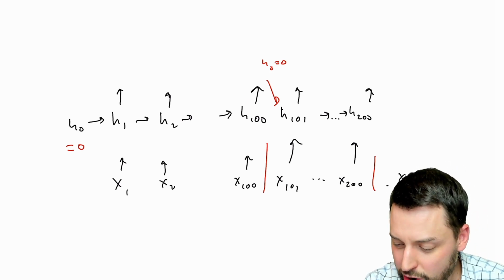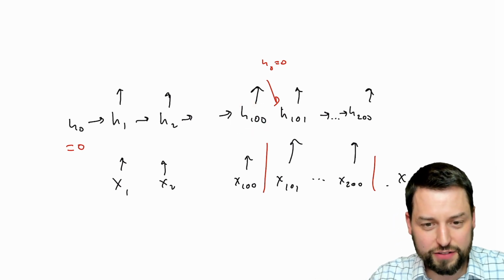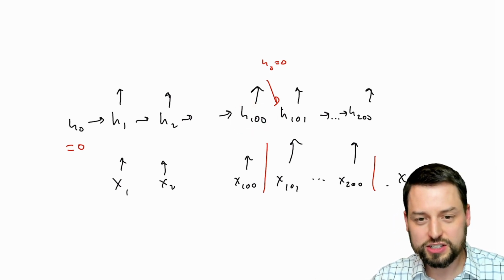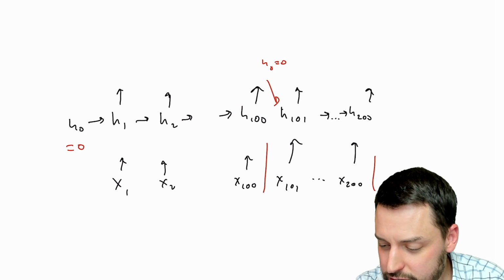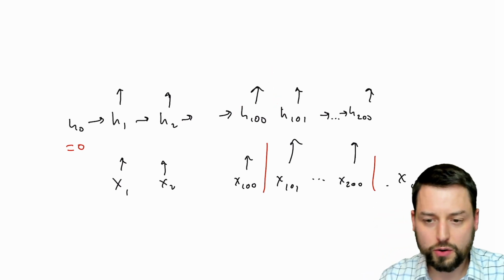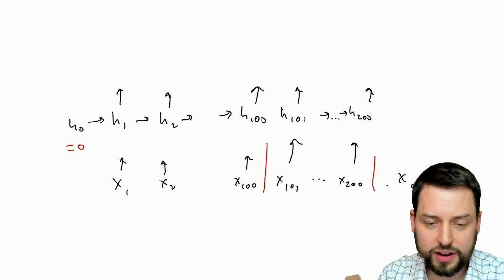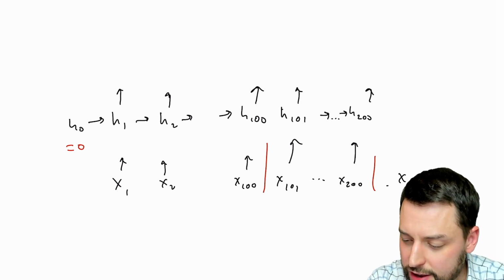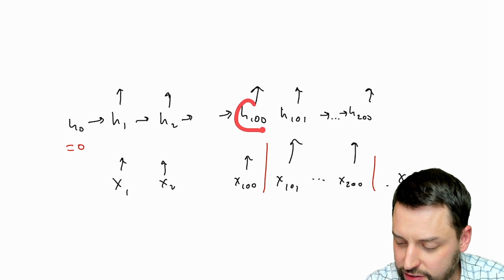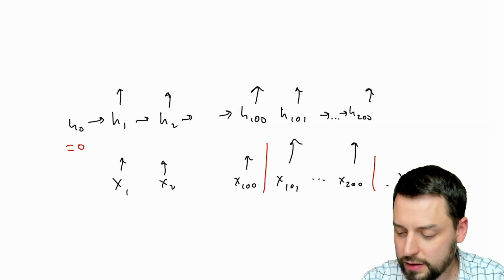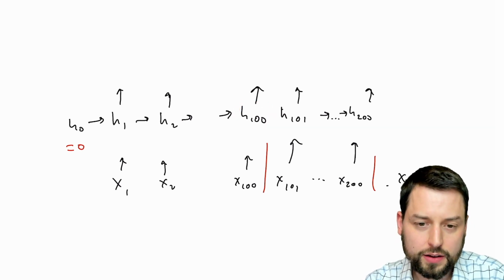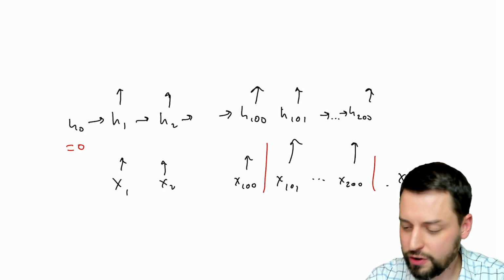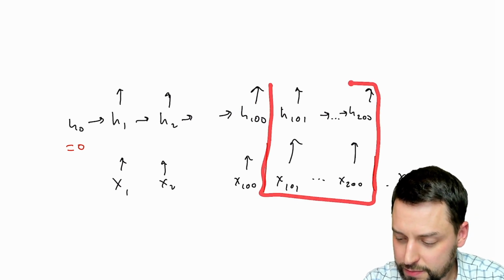It's just this. We know the last value of the hidden state in that sequence is just H100. And so what we're going to do, in what's called hidden unit or hidden cell repackaging, is take this value and copy it into the H0 for this next sequence.